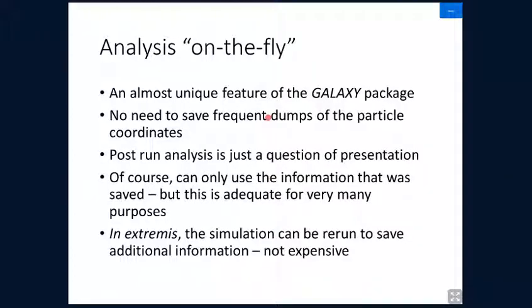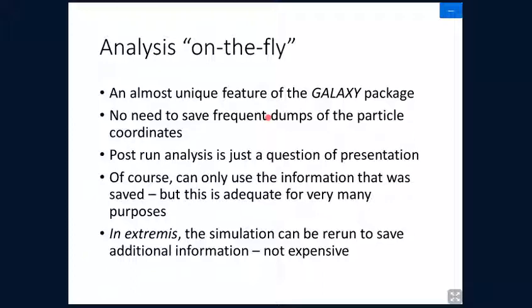One of the features of the Galaxy code is that the analysis of the particles is done as the simulation evolves. So I calculate the Fourier decomposition of the mass distribution. I calculate the velocity moments of the particles in boxes.